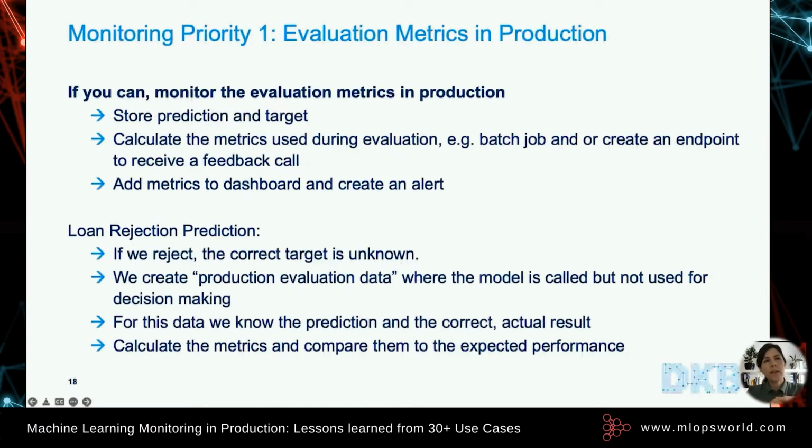In my concrete case with the loan prediction, if we reject, the correct target is unknown. So what we do is we take a small sample of the traffic and say for these users, we actually don't apply the model. This is also often done in fraud. And we always let these people through, so then we get ground truth data and we can compare the prediction and the actual and monitor on this metric, on the comparison.